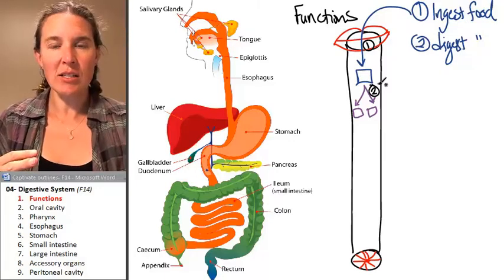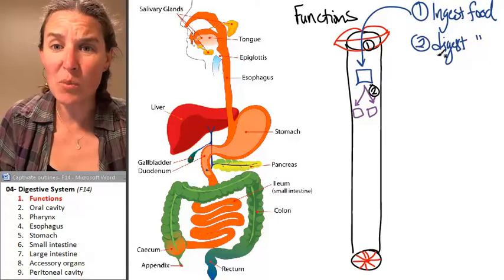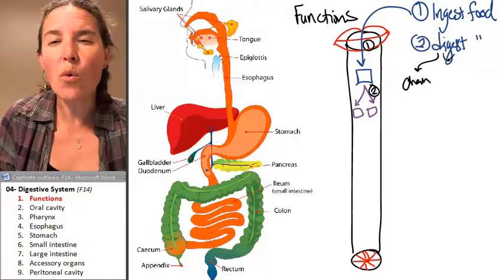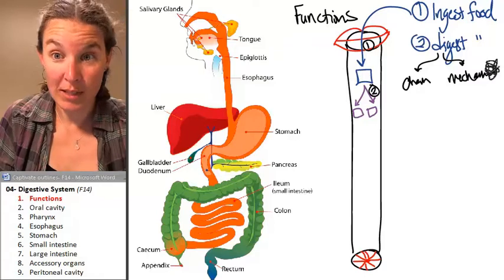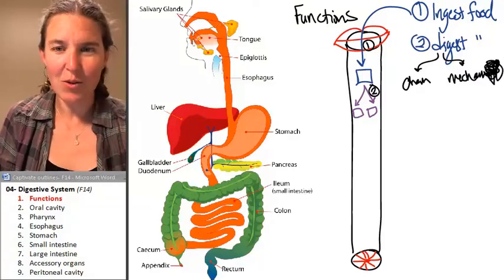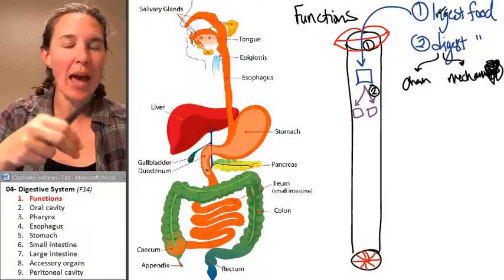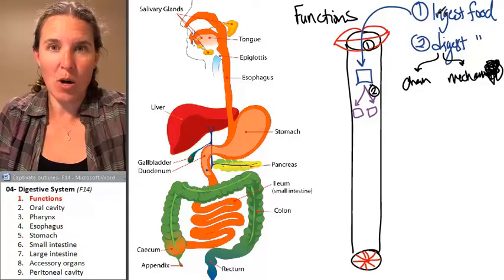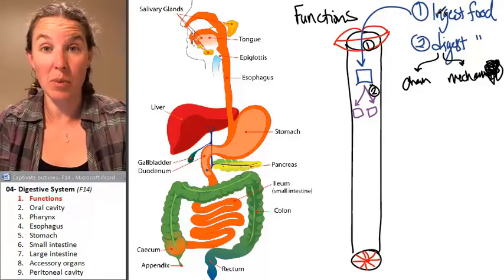In our digestive system, there are 2 ways that we break things down. We can break things down chemically, or we can break them down mechanically. When you break something down chemically, you actually add a chemical to it, and the chemical breaks the chemical bonds in the original substance, creating smaller particles.